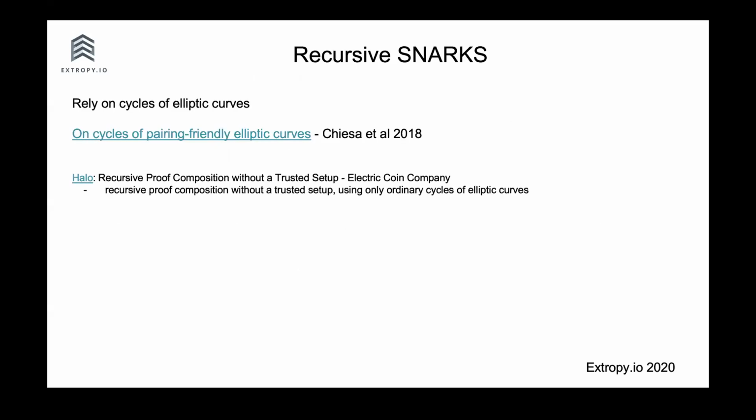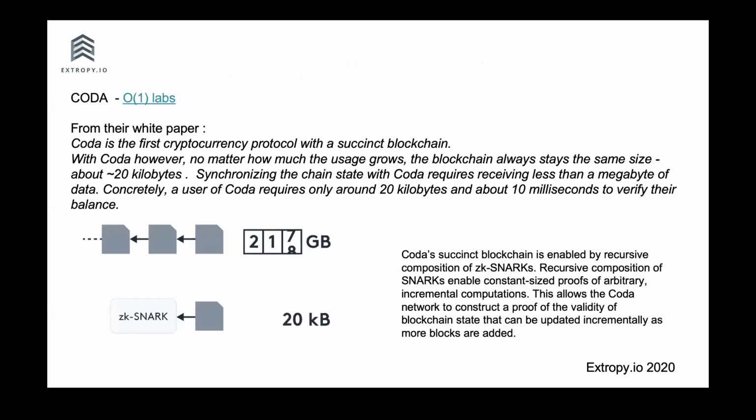One really interesting idea is this idea of recursive SNARKs, and there's a couple of links there to papers. One of the very interesting projects in this area is from O1 Labs, who have the CODA protocol. And the idea behind this is that they want to produce a blockchain which is extremely succinct.